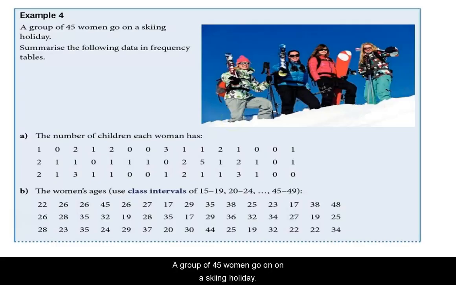Example: a group of 45 women go on a skiing holiday. Summarize the following data in a frequency table. The first data is the number of children each woman has. The second is the women's age, using class intervals of 15 to 19, 20 to 24, etc.